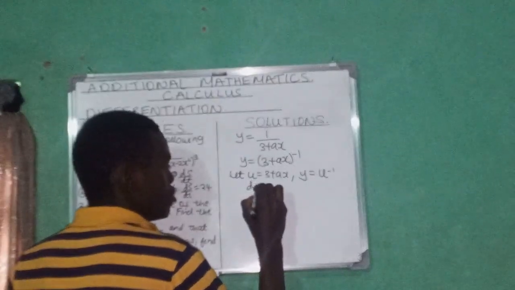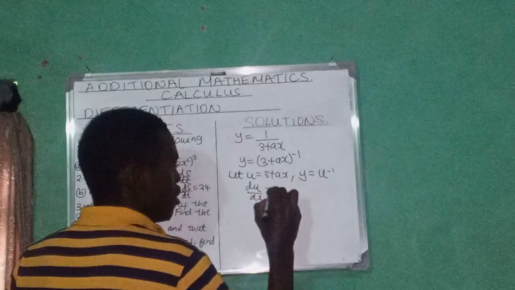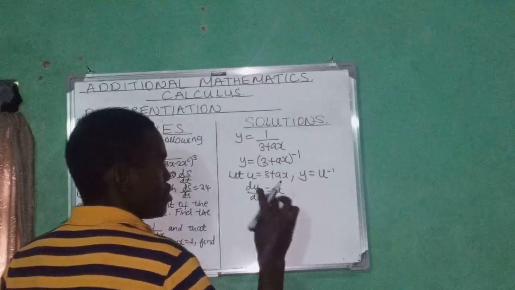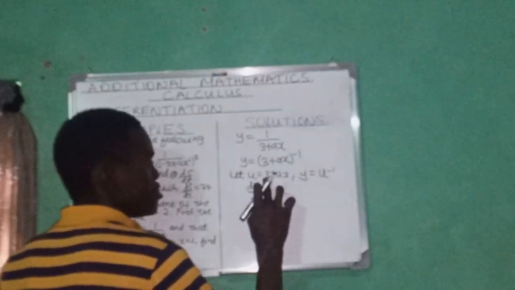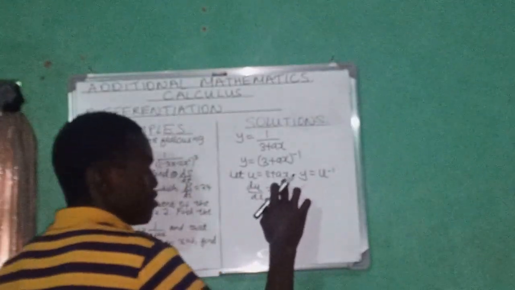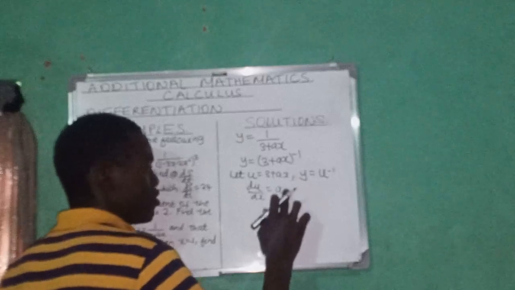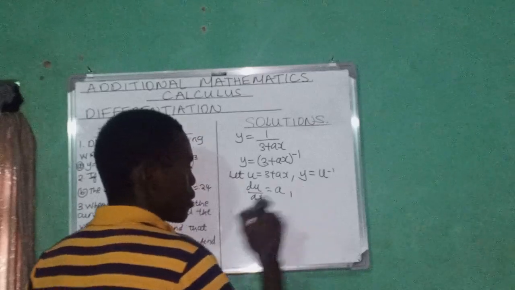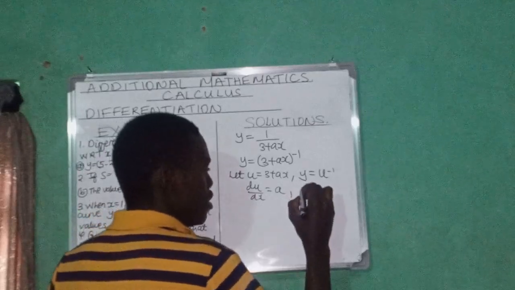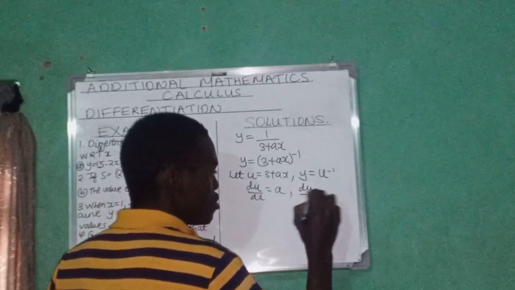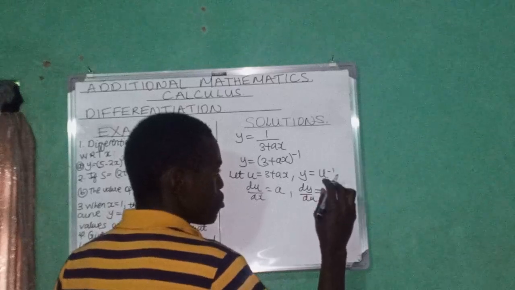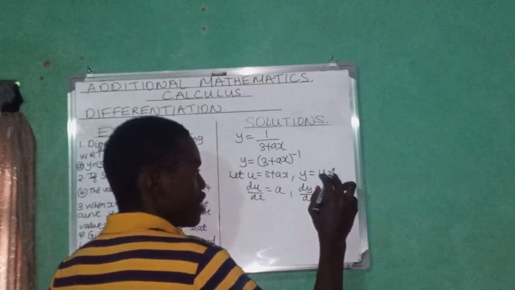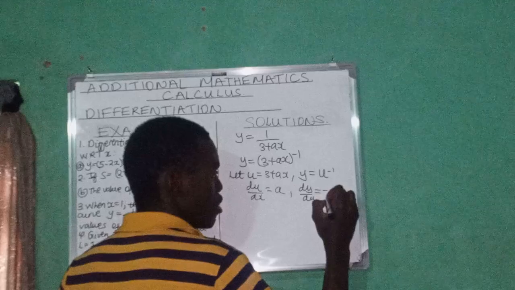So du/dx is equal to a, because the derivative of 3, which is a constant, is 0. And since ax is just a variable raised to the power 1, we just get the coefficient of that variable. Now dy/du will be equal to negative 1 multiplied by whatever is in front of you.